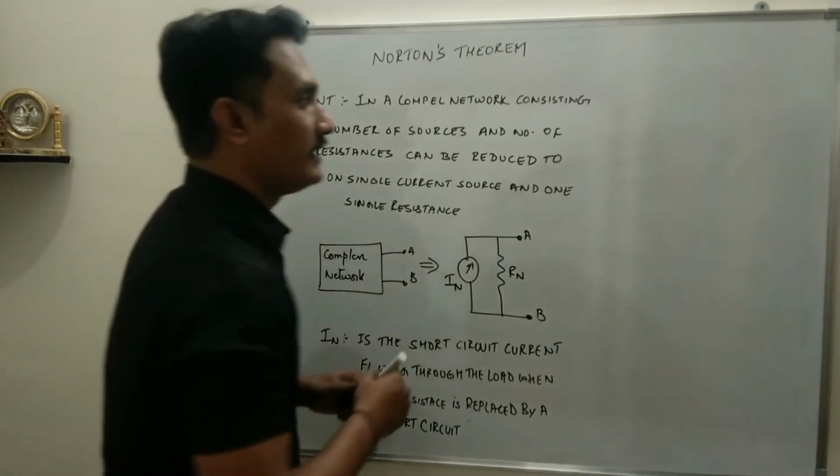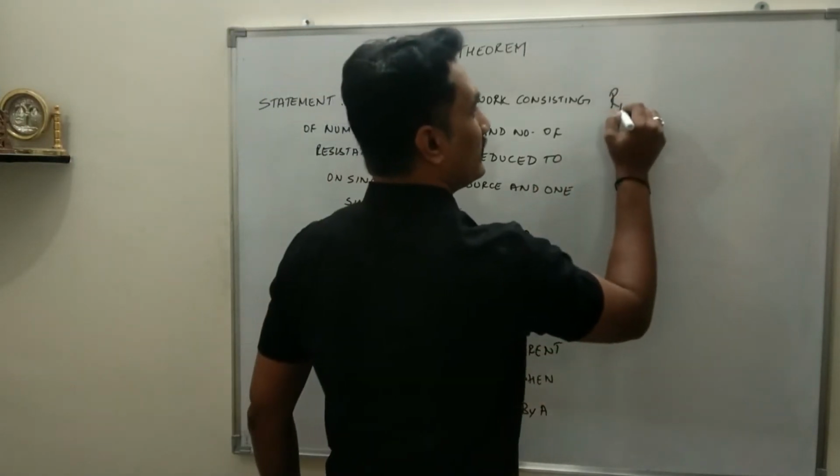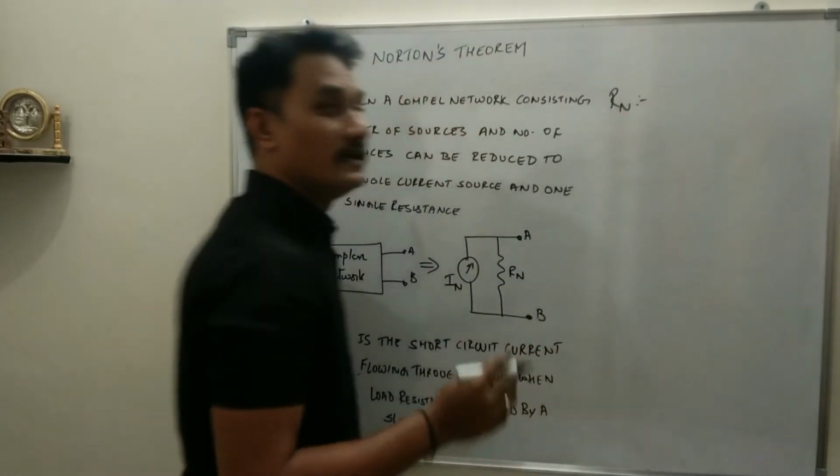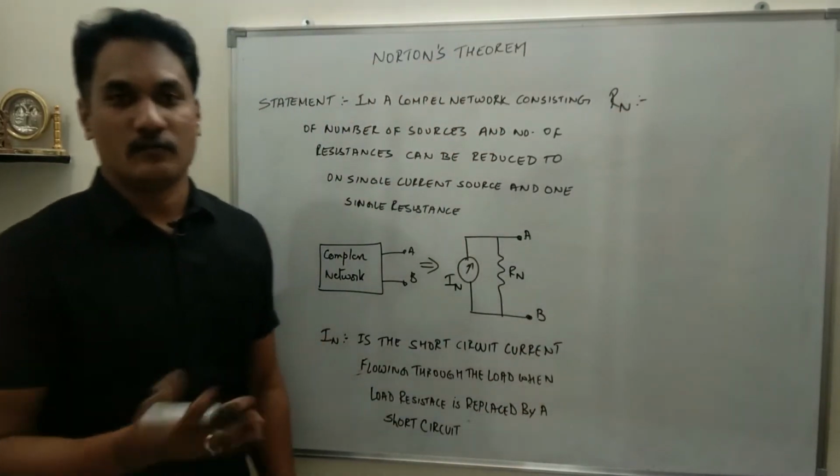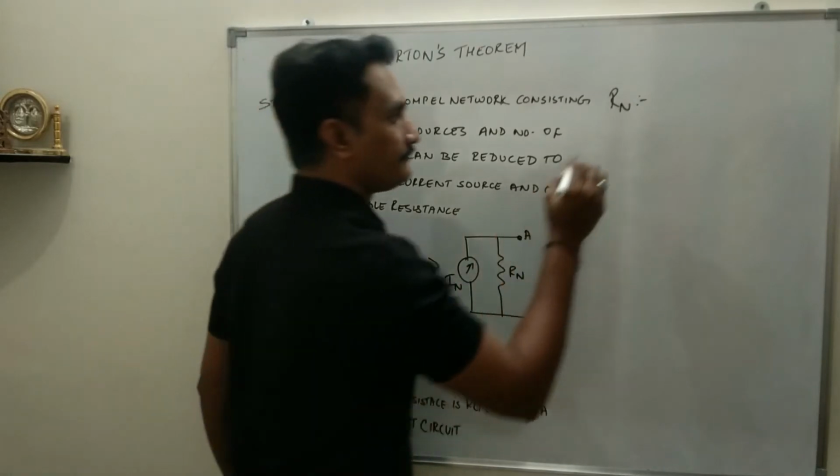Okay, we will measure the short circuit current, that will be IN. And RN is exactly similar to what we have done in Thevenin's theorem. RTH and RN both are the same. What is that?